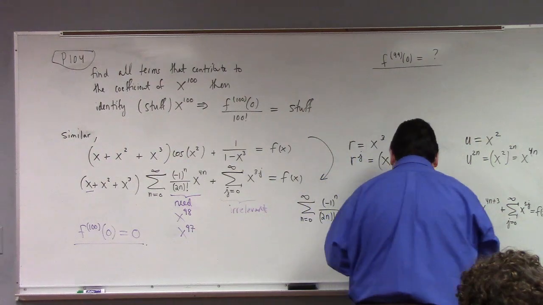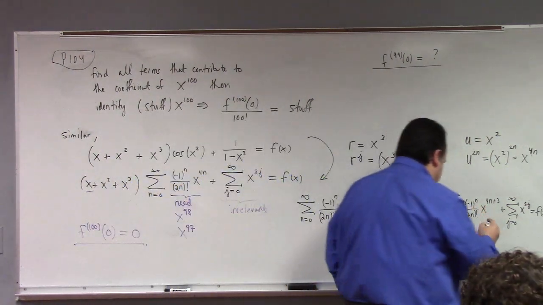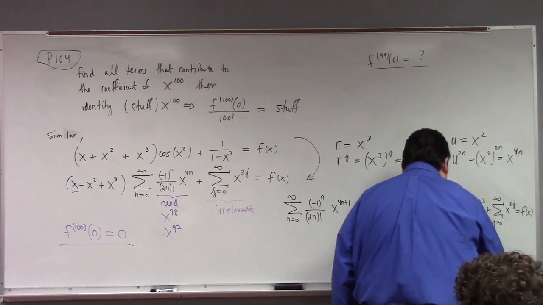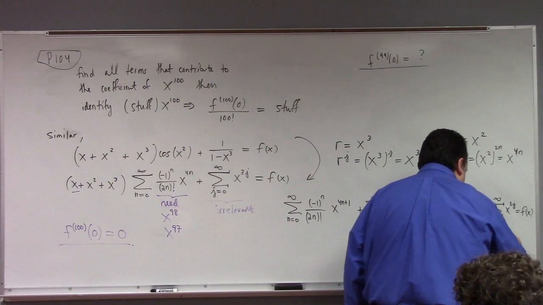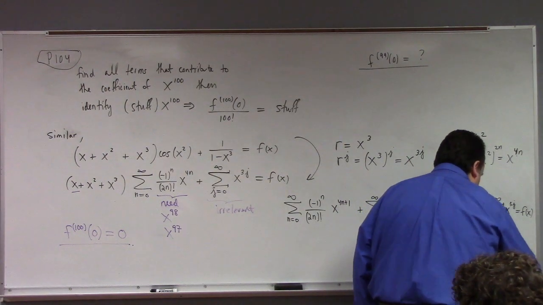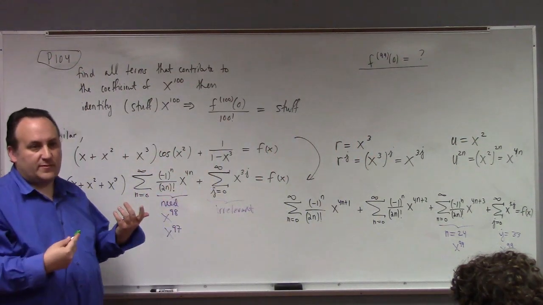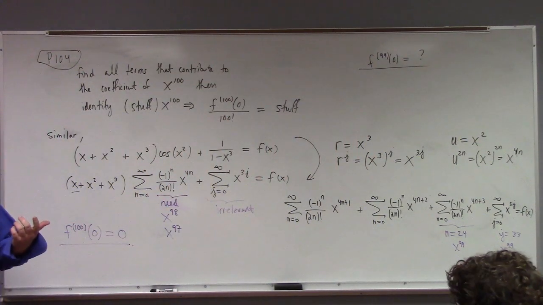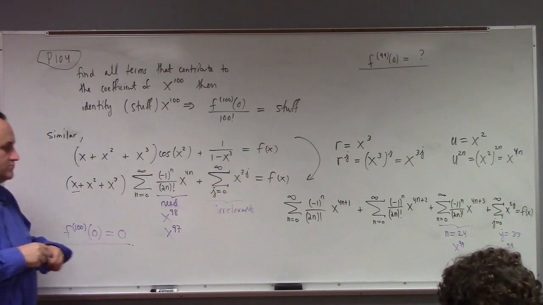So for the 99th derivative, if I want to get x to the 99, n equals 24 gives me x to the 99. And here, j equals 33 gives me x to the 99, right? Is there any other term which has x to the 99? That's it, for this one I made up.